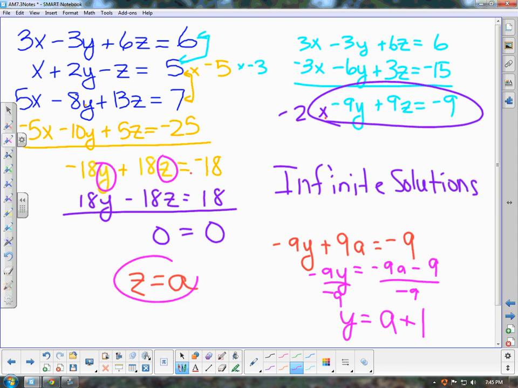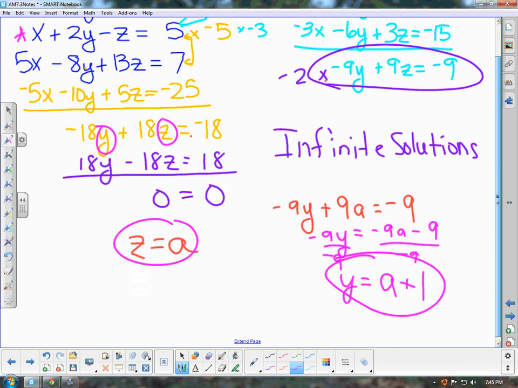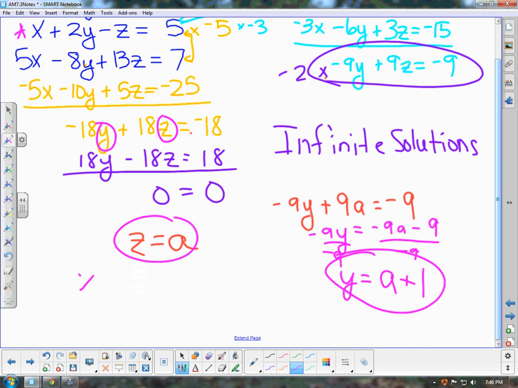Now that we have what z is equal to and what y is equal to, we can substitute those into any one of these equations, and we're going to go with that one right there: x plus 2y minus z equals 5.